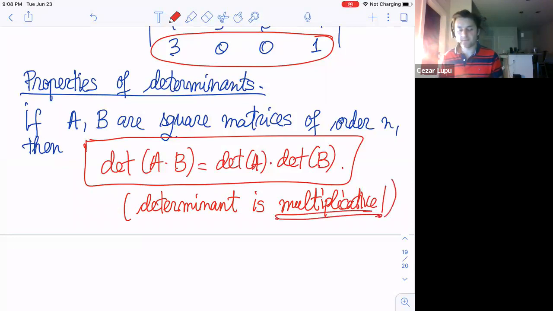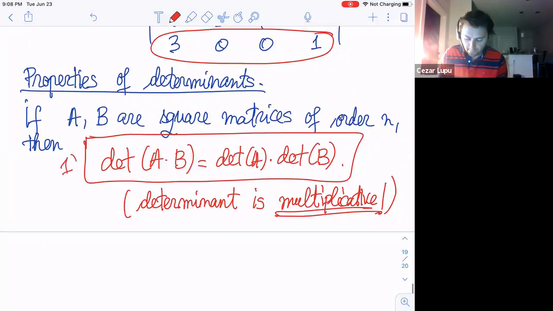Very, very important. So anytime you have the product of two matrices and you want to compute the determinant of that product, it is the same as computing the determinant of each matrix and then multiplying them. Then another property, so this is, let's say, property 1, and this is 2.